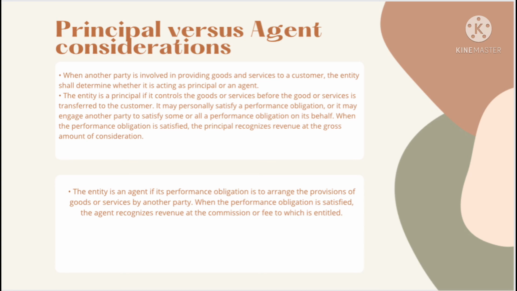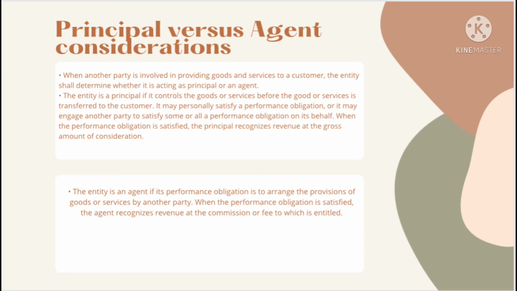Letter B, the entity does not have inventory risk before or after the goods have been ordered by customer, during shipping or on return. Letter C, the entity does not have discretion in establishing prices for the other party's good or services and therefore the benefit that the entity can receive from those goods or services is limited.